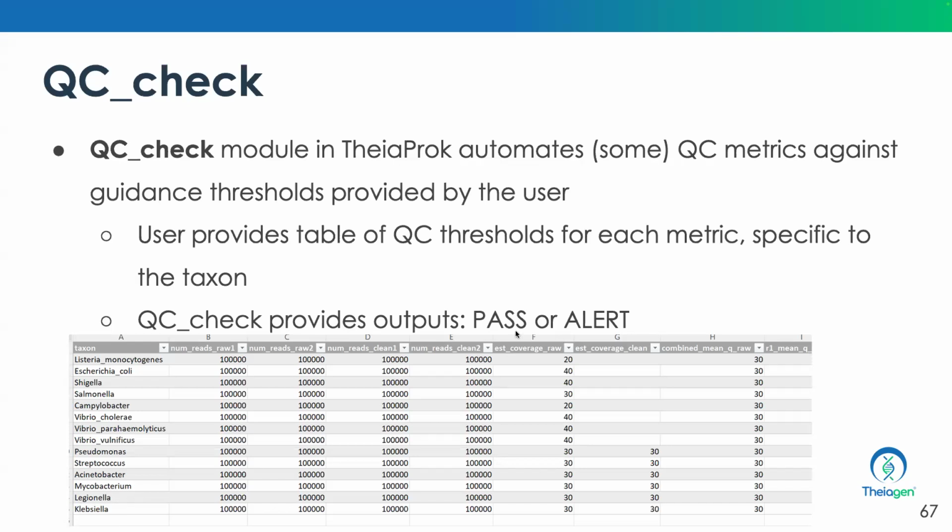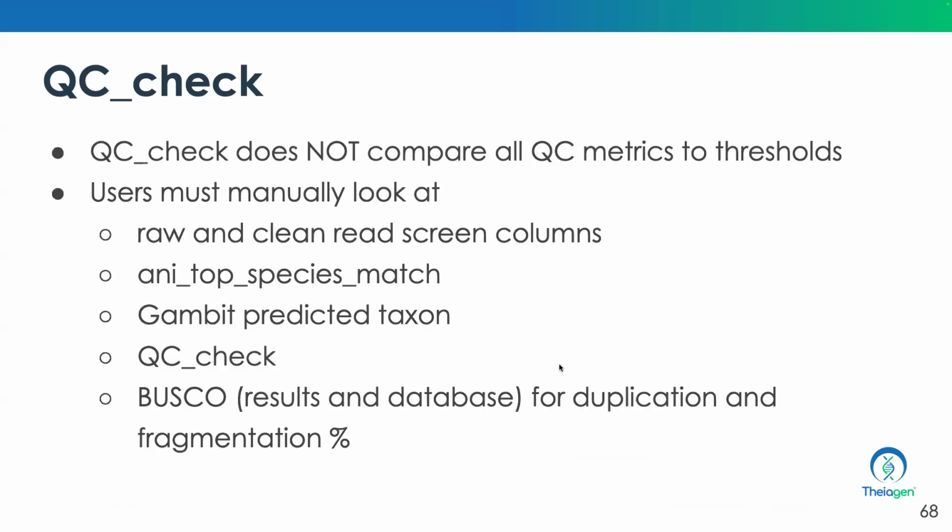So it tells you that your sample has passed the QC threshold that you've given, or it can give you an alert telling you that there are these metrics that your sample was not able to pass. Again, QC check does not compare all the QC metrics to thresholds, so you have to, again, spend a bit of time to manually check some of these additional columns.